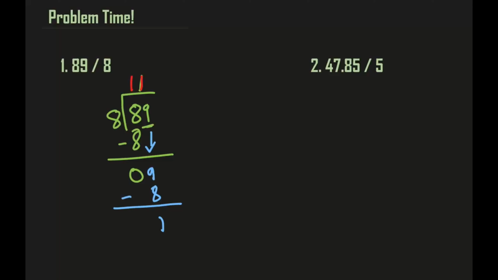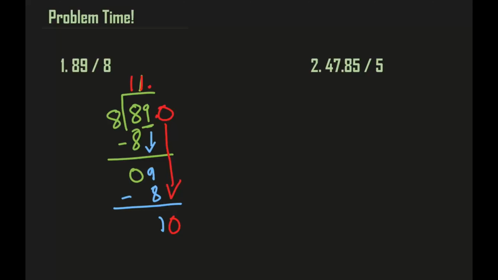So we'll add a decimal point after 11. So right there, add a decimal point, and then now we'll add a decimal point to 89. And then we'll keep adding zeros to it until we get a remainder of 0. So we put a 0 there, and we'll bring that down. Now we have 10.